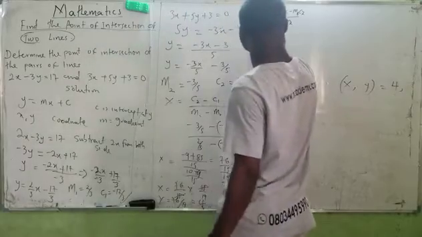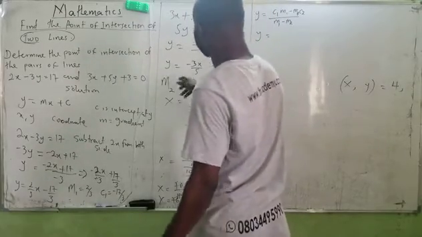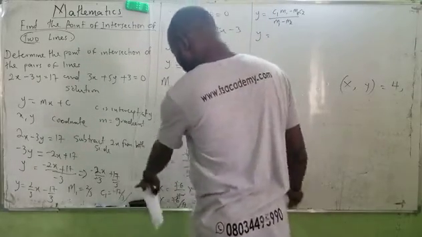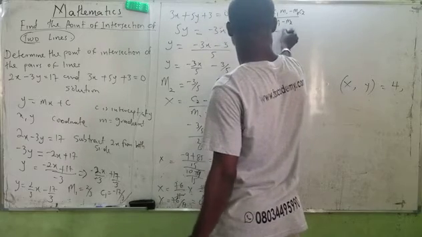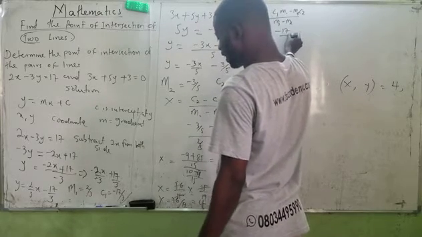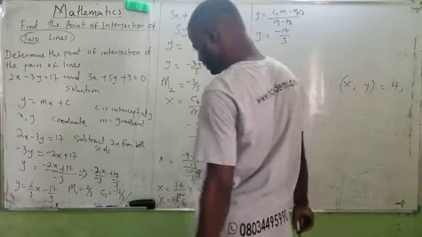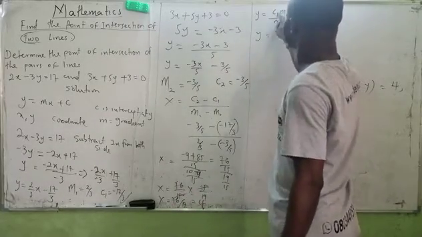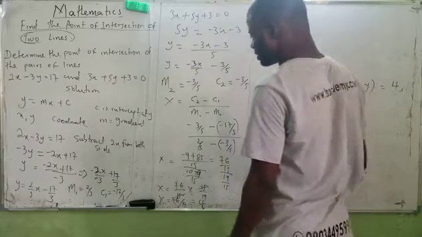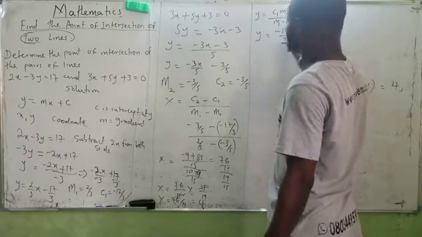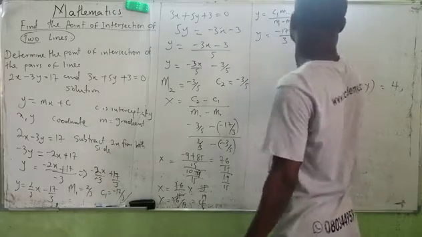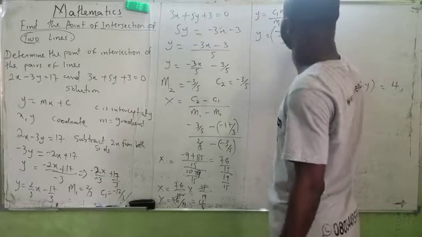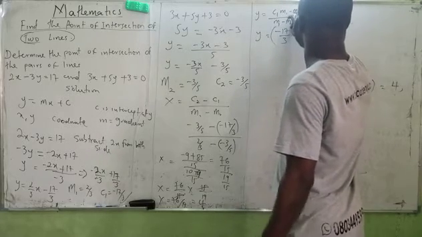What is my C1? My C1 is given as minus 17 all over 3, and multiplied by M1, which is given as 2 all over 3, minus, I will close the bracket like this.